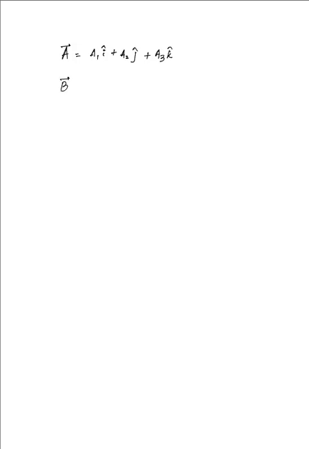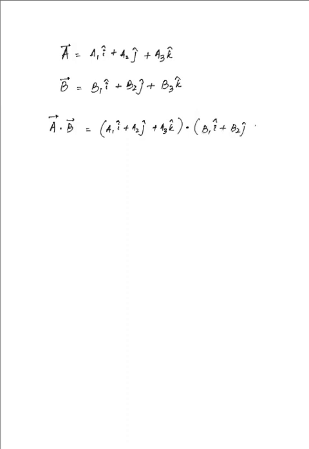B vector, let that be any other vector where you have b1 i cap plus b2 j cap plus b3 k cap. So these are the two vectors, and suppose we want to multiply them. Now multiplying these two vectors, A dot B is giving us the entire term, that is (a1 i cap plus a2 j cap plus a3 k cap) dot (b1 i cap plus b2 j cap plus b3 k cap), bracketed.